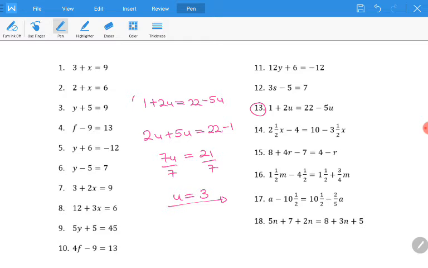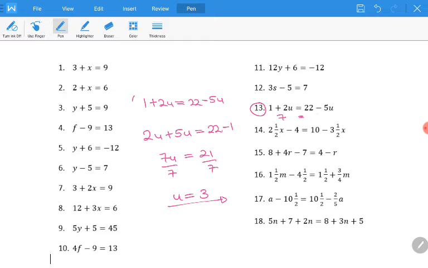So now let's check to see if this is correct. If we put 3 for u, we get 1 plus 2 times 3. This is equal to 7.